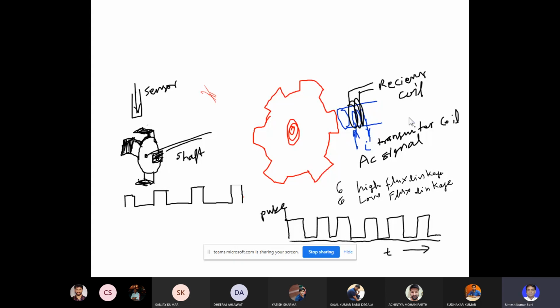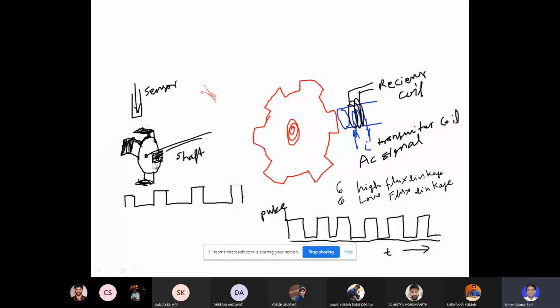Suppose in 1 second there are total six pulses for one cycle, then this type of calibration may tell us how many cycles have been received in 1 second. So that will be the rotation per second, and we can also convert that later into rotation per minute, rpm.